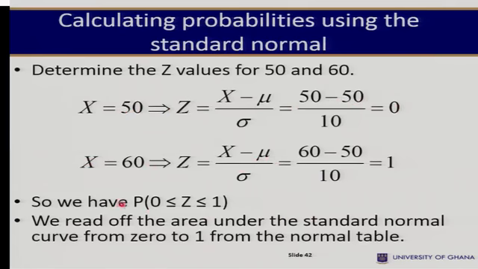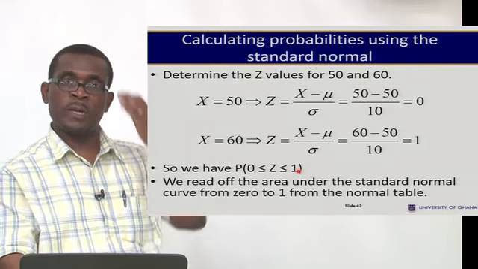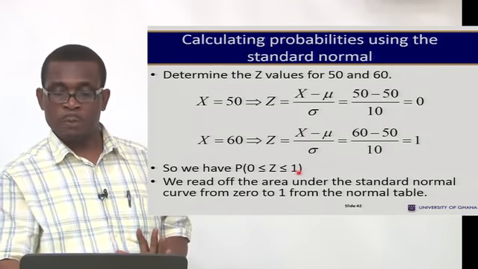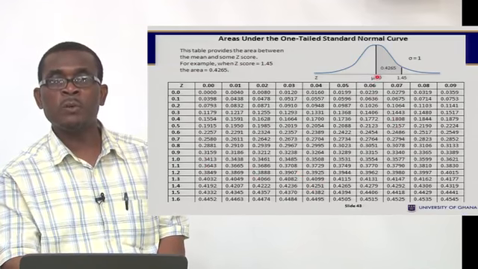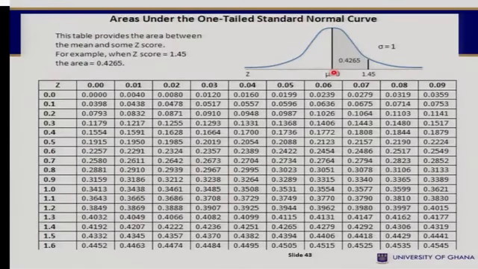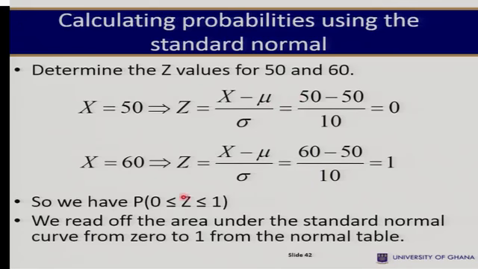So the problem which says probability of X between 50 and 60 reduces to the probability of Z lying between 0 and 1. And then you read from the table, because this half table gives the probability from 0, which is the lower bound, to an upper bound. In this example, the lower bound is given, which is 0.